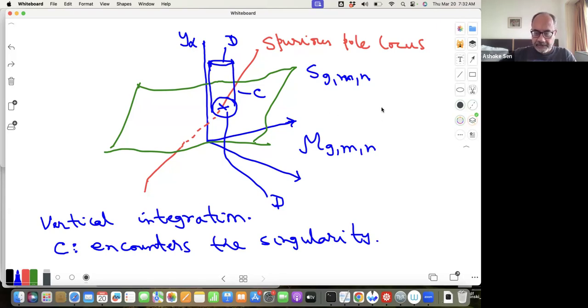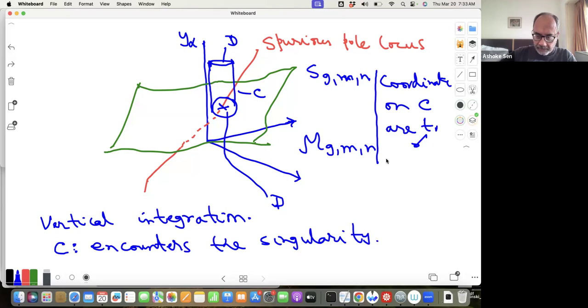So we can take, let me write it here, coordinates on C are T1. So only y alpha depends on this.